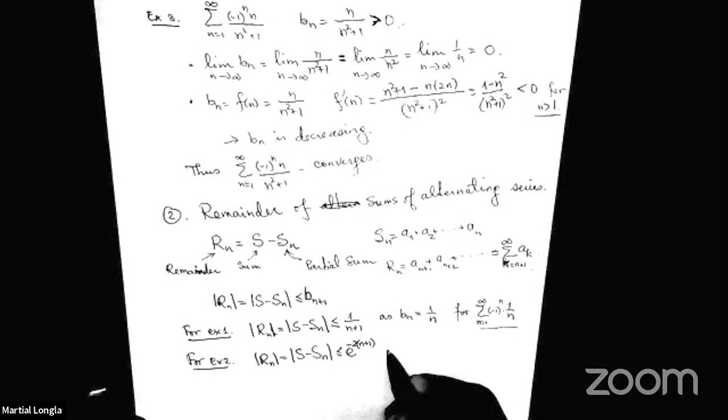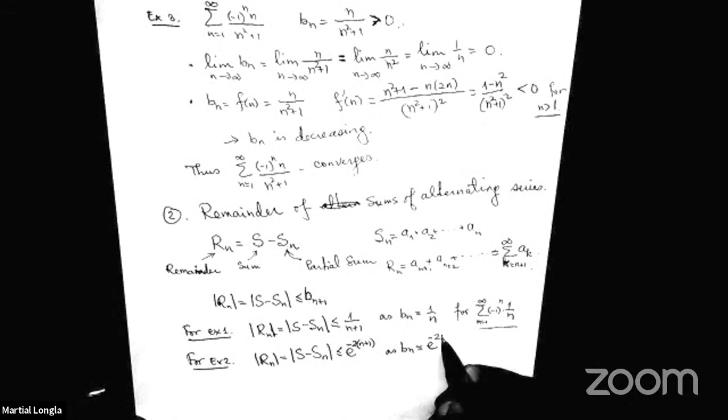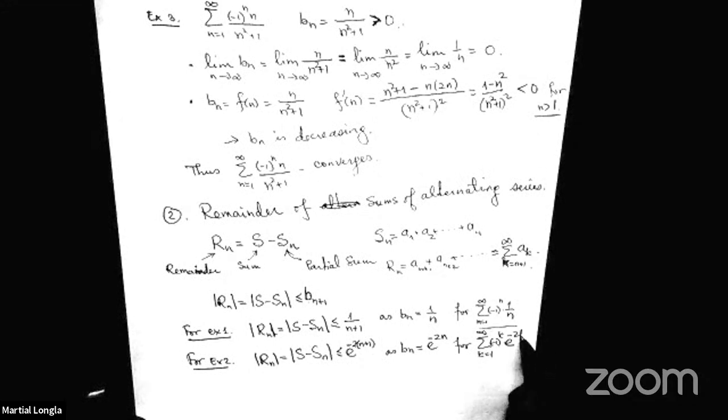That's for the sum from 1 to infinity of negative 1 to the k, e to minus 2k. Am I making sense here?